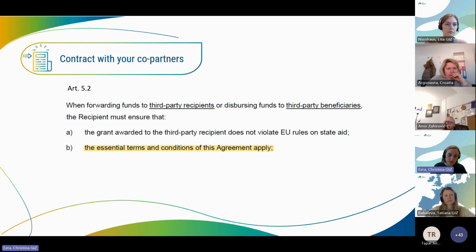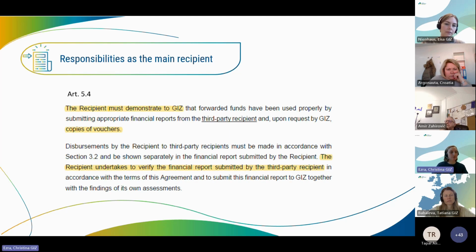With essential terms, we mean, for example, all the rules regarding the reporting, procurement or documentation standards. So please make sure that all these details are part of the contract with your partners.